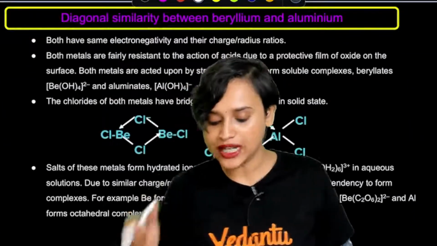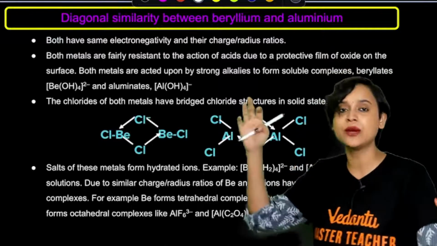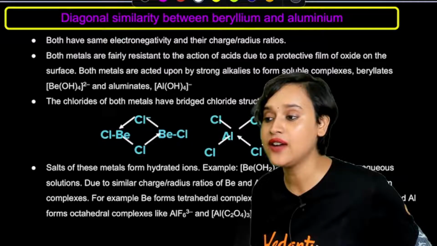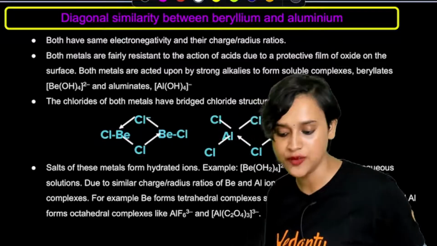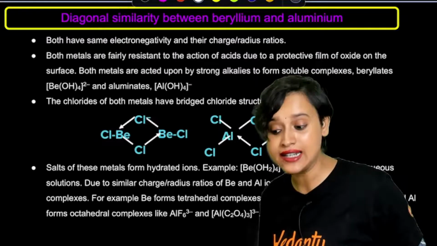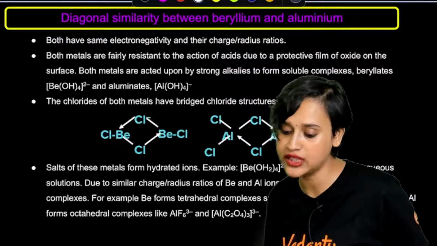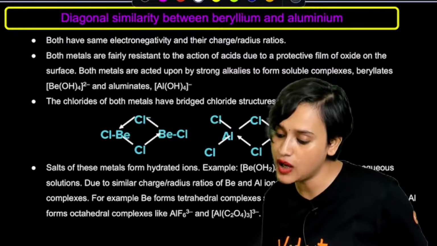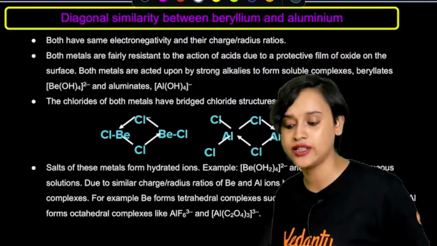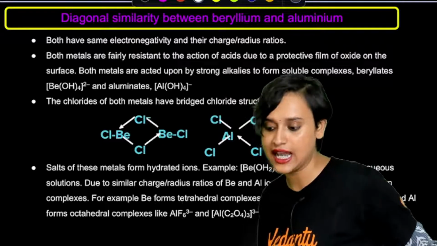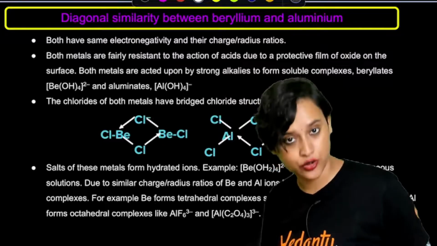Now, coming to beryllium and aluminium, I have already told you that both have the same electronegativity and the same charge radius ratios. Both metals are fairly resistant to the action of acids because of a protective layer that is formed, right? Both metals are acted upon by strong alkalis to form soluble complexes like beryllates and aluminates.